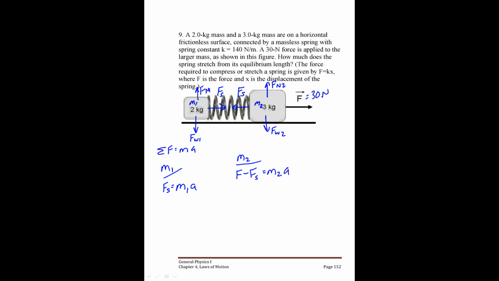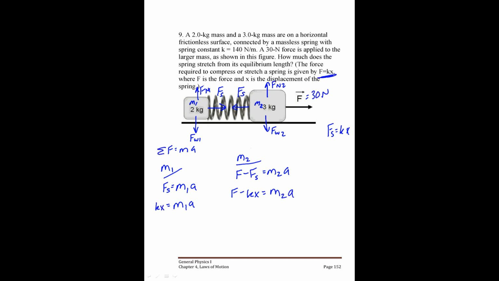Further, for both of these equations, I can put in Hooke's law, which I was told up here. That is that Fs is going to equal kx. So I'm just going to put that in for both equations. F minus kx equals m2a. And now I've written my equations.